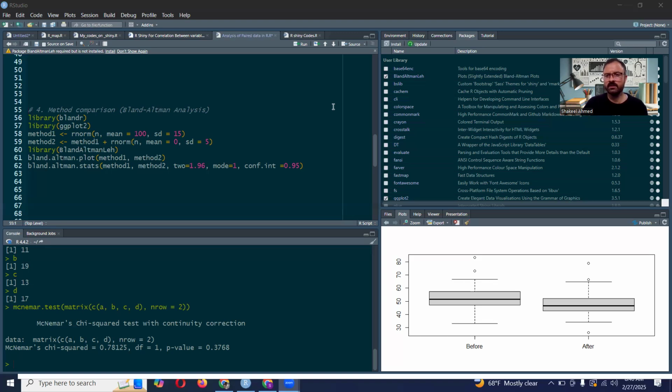For example, you asked two judges to score 10 different students on their writing.